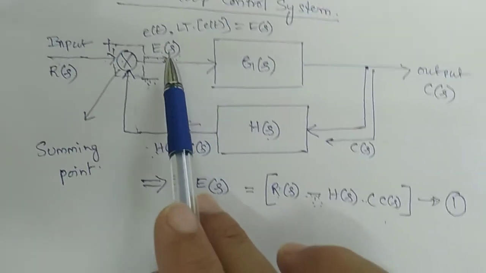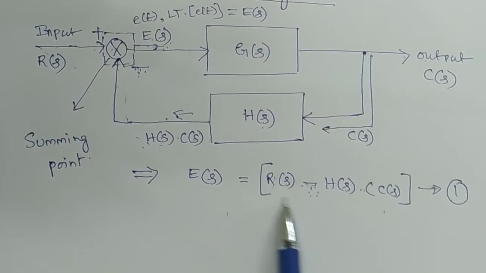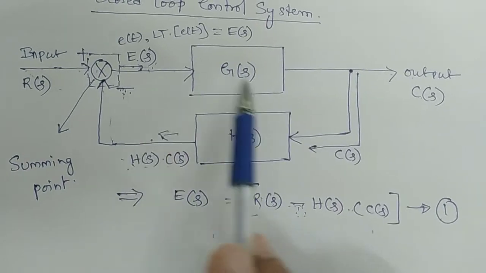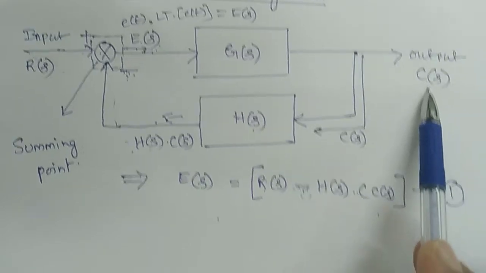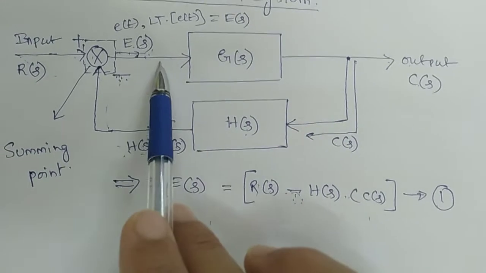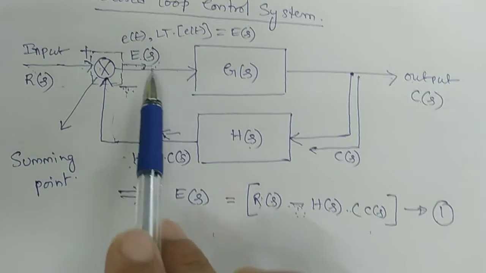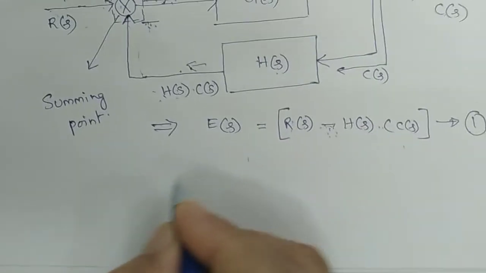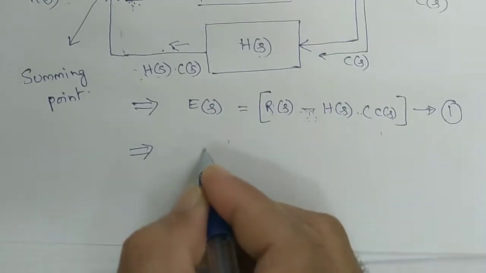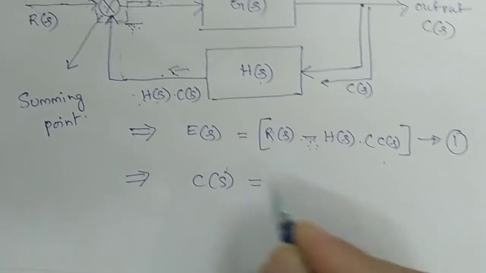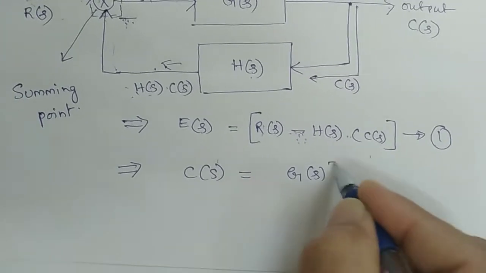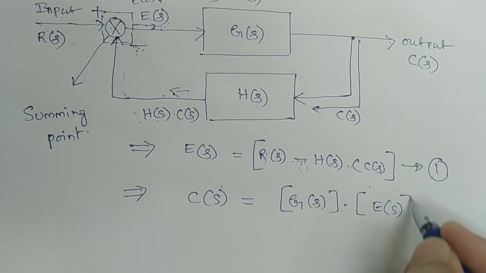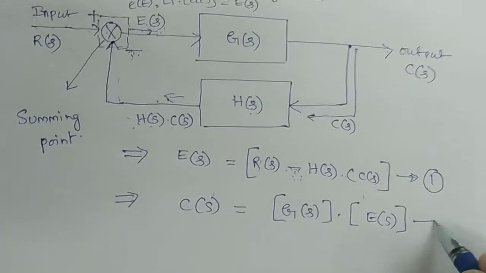You are seeing this quantity E(s) is the input to G(s). Therefore the expression for C(s) is equal to G(s) into the input, meaning G(s) into E(s). So the second expression is C(s) equal to gain into E(s). This is your second expression.